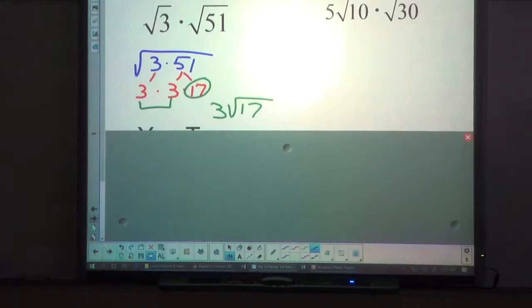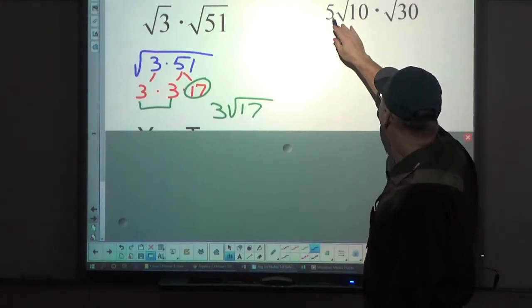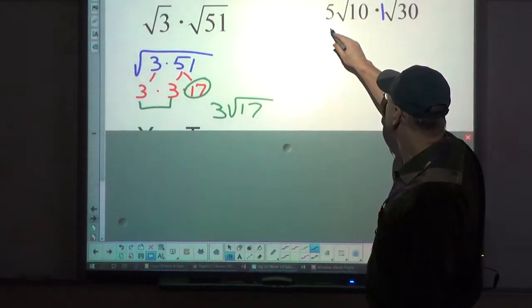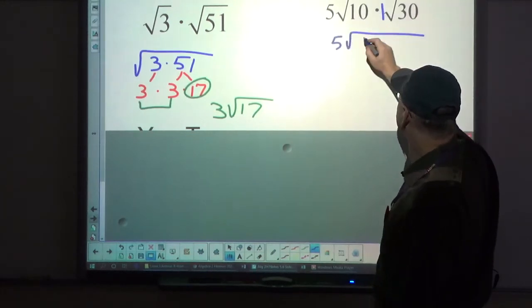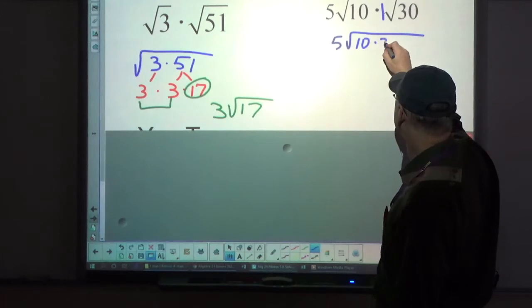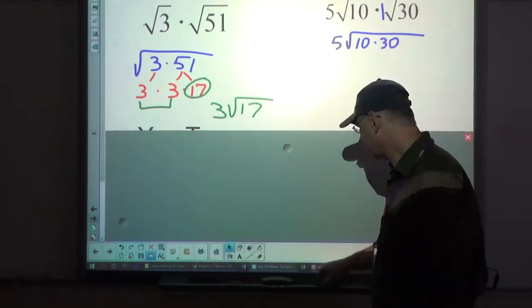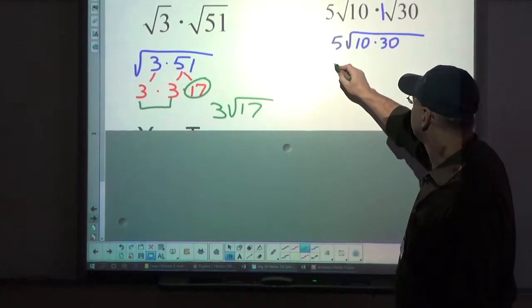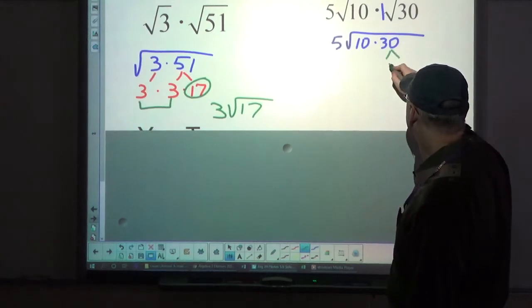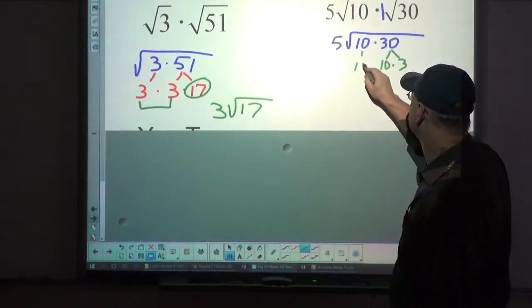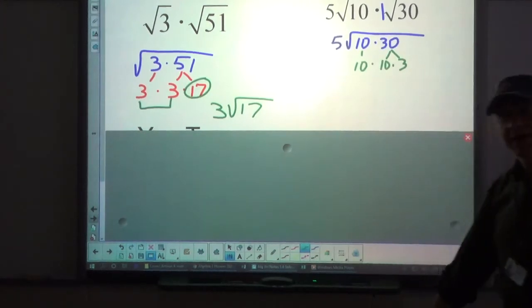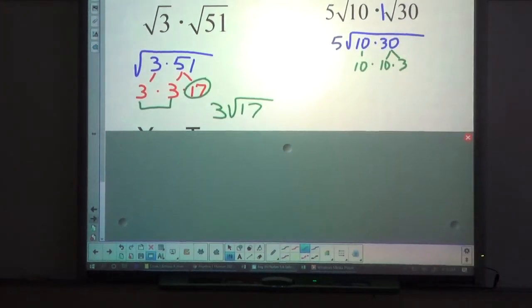Over here on the other side, I have 5 and understood to be a 1, so 5 times 1 is 5. And then 10 times 30 on the inside. Now as I start breaking these things apart, like 10 times 3 is 30. Oh, hey, look at that. I don't even have to break those 10s apart if I don't want to.